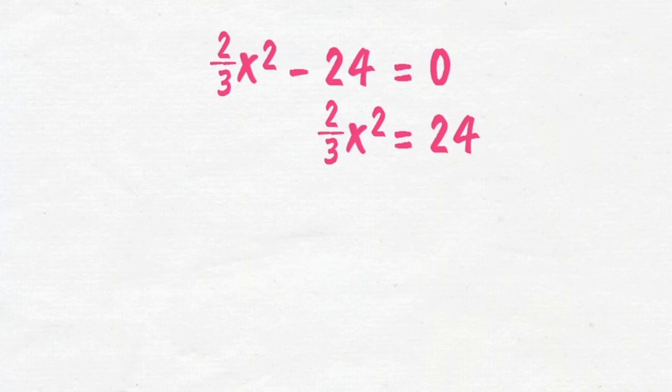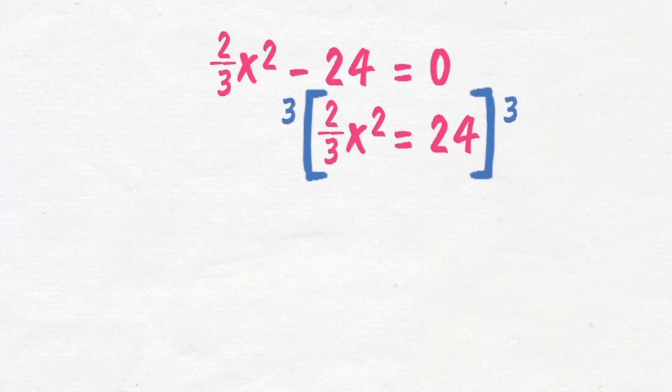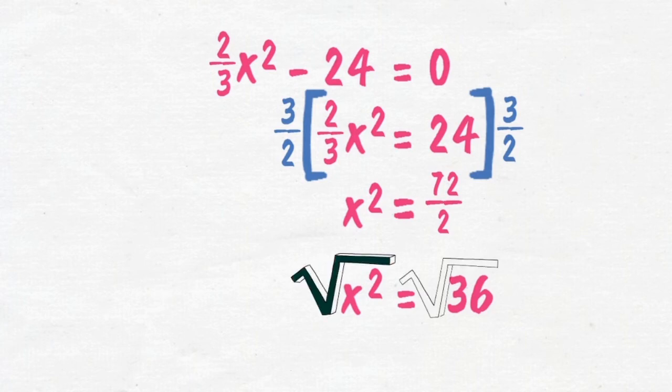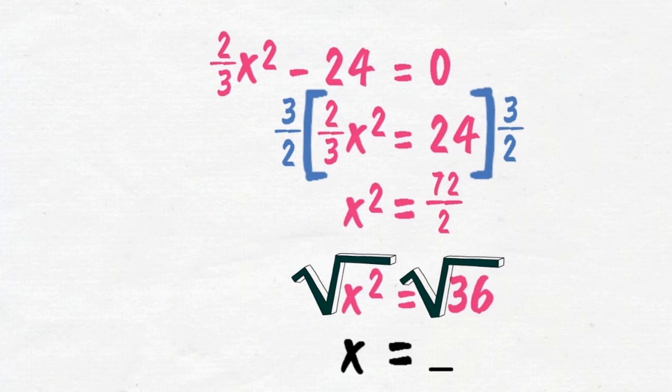We multiply the equation by the multiplicative inverse of 2/3, and that is 3/2. Very good. By doing this step, we will arrive at x squared equals 72/2. Simplifying the constant will give us 36. Apply the square root property. From this, the solutions are positive and negative 6.